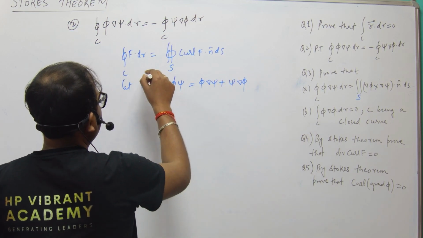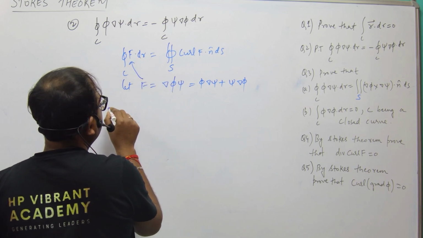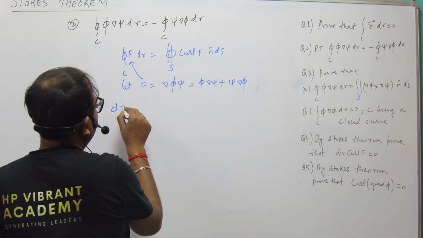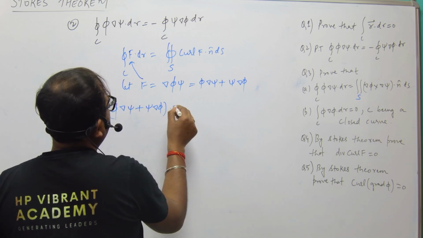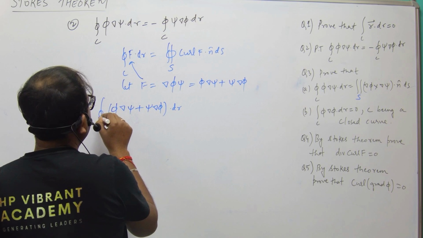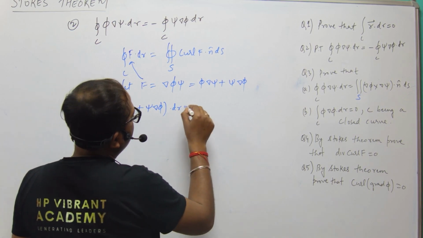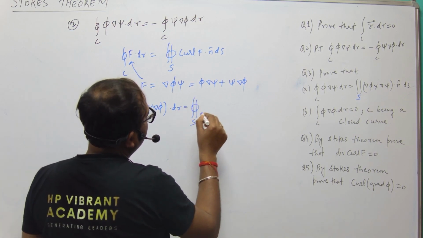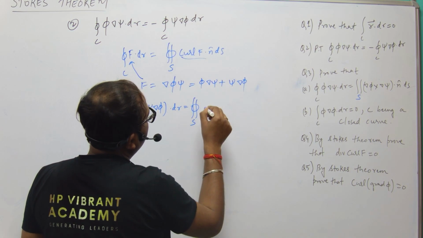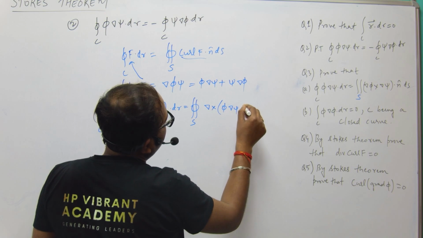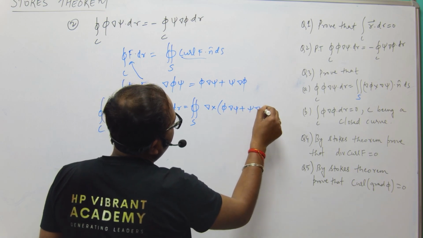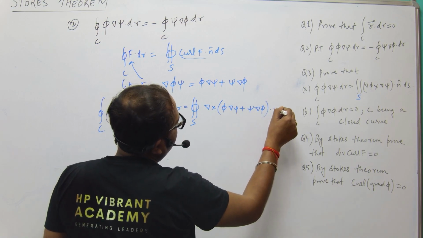Placing the value here, we have the line integral of (phi del psi plus psi del phi) dot dr along the curve C equal to the surface integral of del cross (phi del psi plus psi del phi) dot n cap into dS.